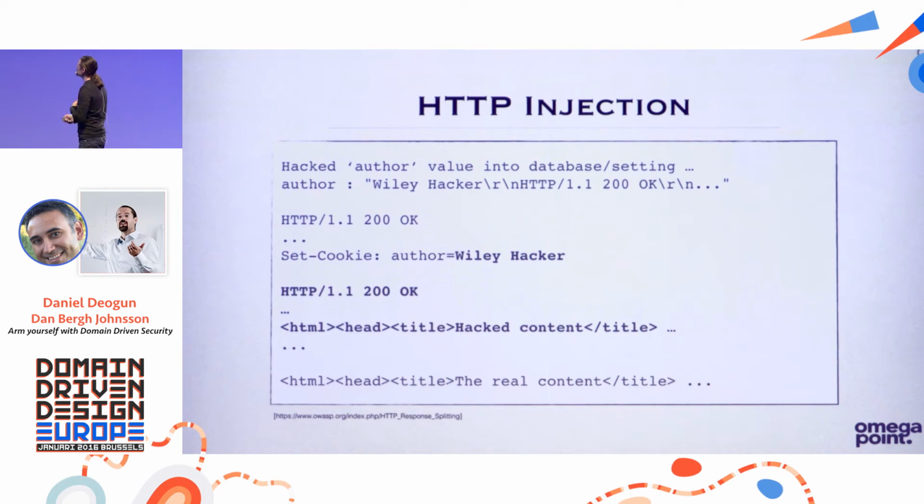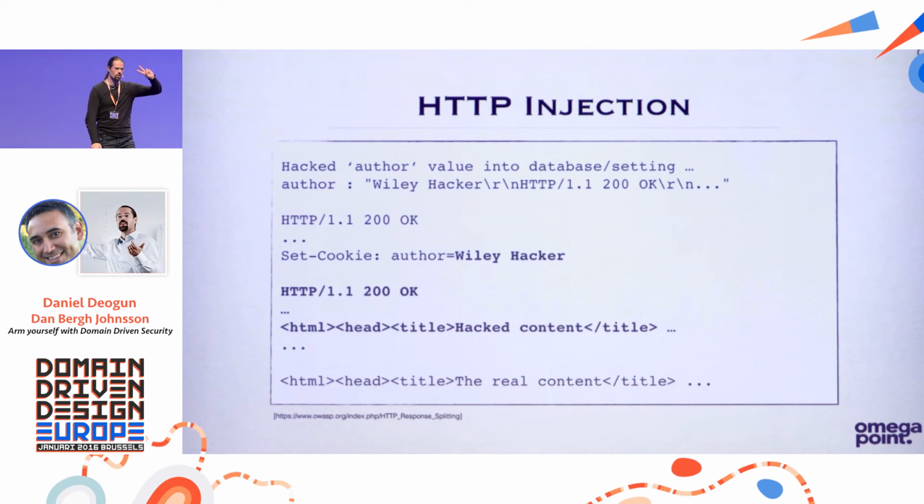Yeah, what will happen is that the system will happily render the HTTP 200 OK, set cookie author, and start writing out the cookie value, which will inject into the HTTP response, inject my crafted HTTP page, pushing the rest of the real content in front of me.